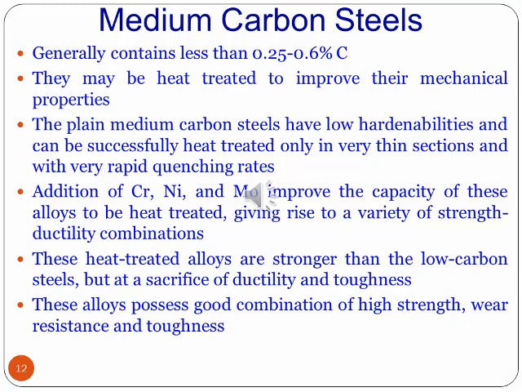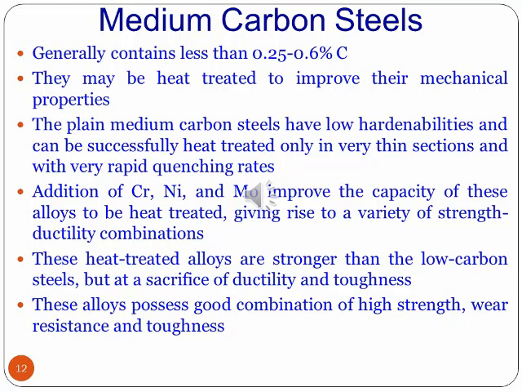The plain medium carbon steels have low hardenability and can be heat treated only in very thin sections and with rapid quenching rate. Rapid quenching in the sense it has to be cooled down at a rapid rate. Addition of chromium, nickel, molybdenum improves the capacity of these alloys to be heat treated, and it gives rise to a variety of strength ductility combinations.